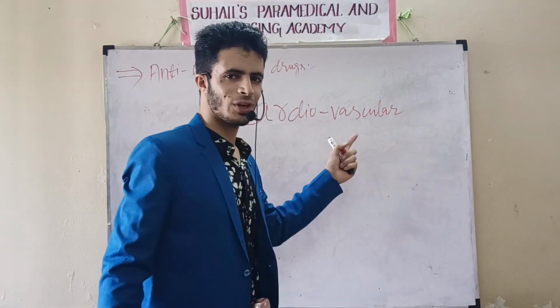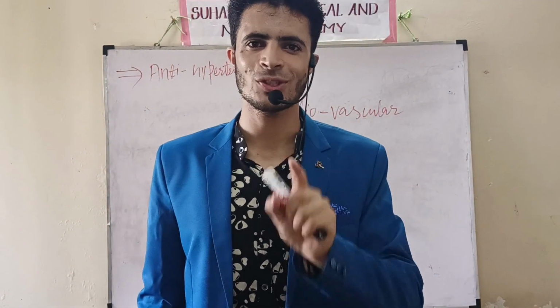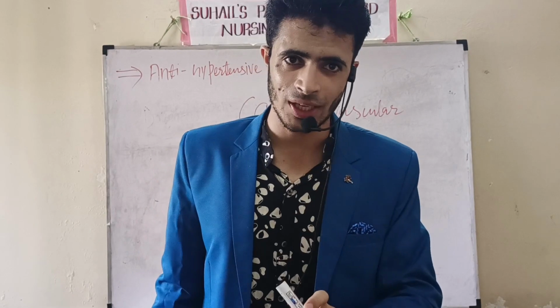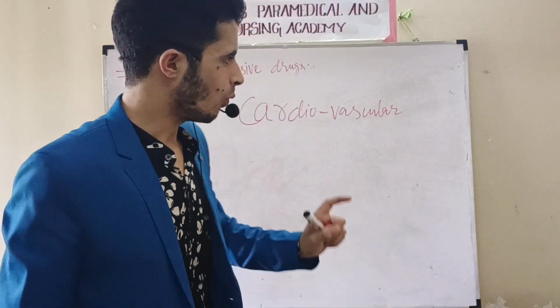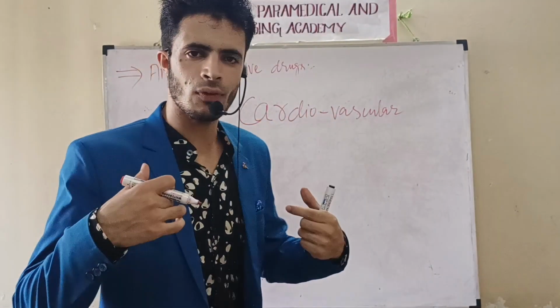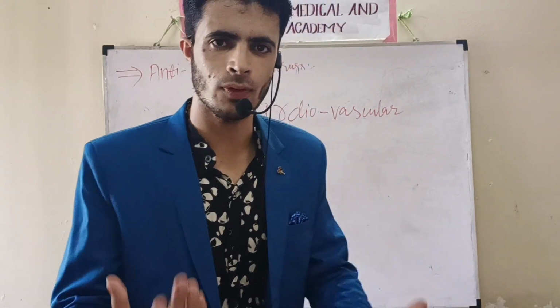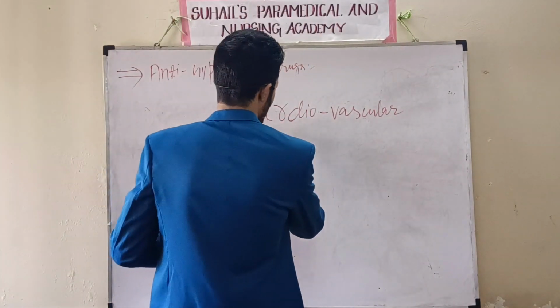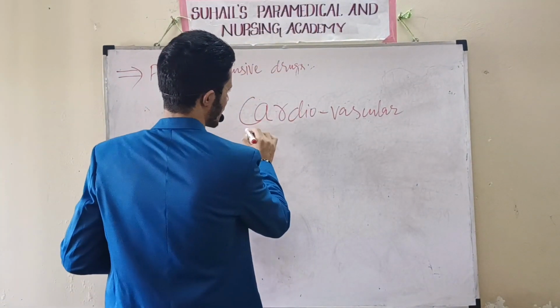We all know cardiovascular. Hypertension is a cardiovascular disease. It is actually a vascular disease related to the cardiovascular system. That is why we call it a cardiovascular disease. So remember the mnemonic cardiovascular.